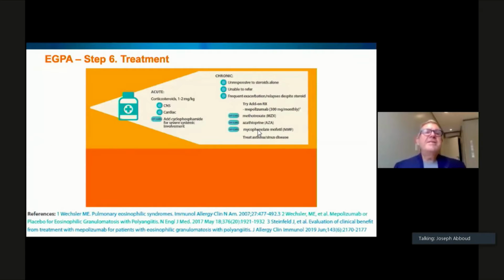So EGPA is an uncommon disease. It's a systemic disease whose main feature is vasculitis, necrotizing vasculitis, and it has been commonly treated with courses of oral steroids, or in other cases by other kinds of systemic treatments like cyclosporine.